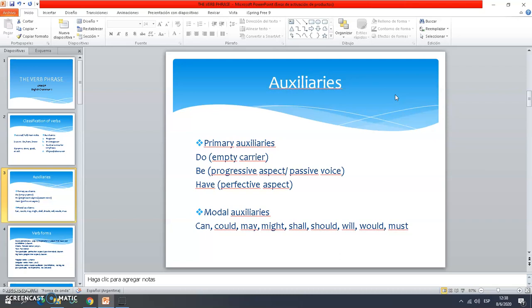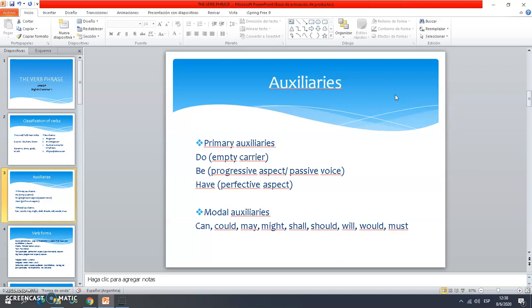Then we have modal auxiliaries. Here you have a list: can, could, may, might, shall, should, will, would, must. These modal auxiliaries convey notions such as possibility, advisability, obligation, necessity. And there are other auxiliaries which you will find under different names, marginal auxiliaries, semi-modals or phrasal modals.